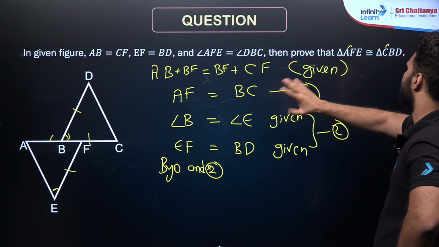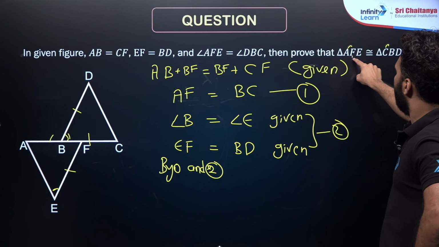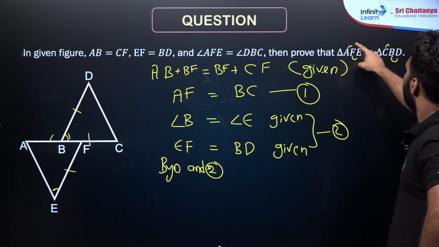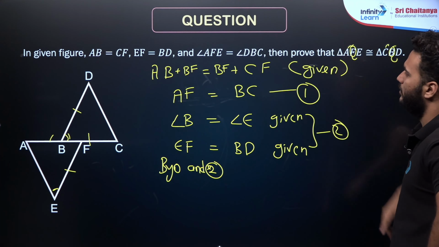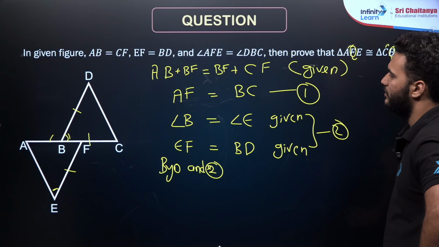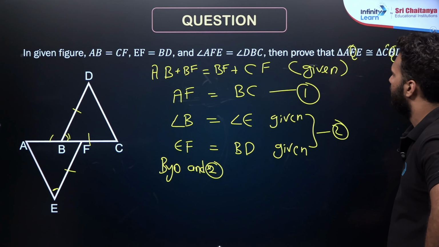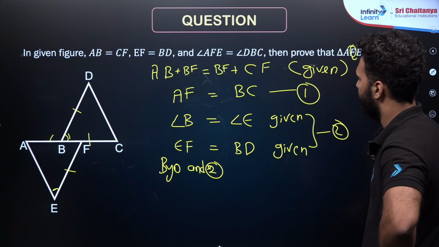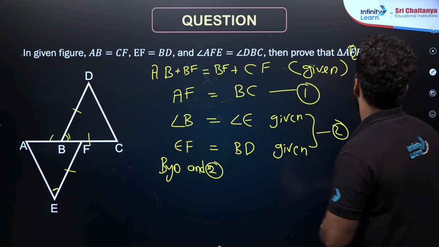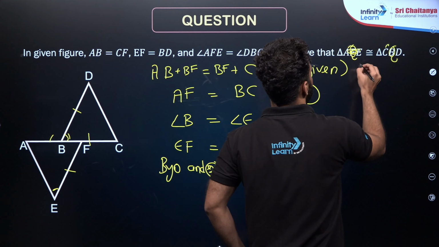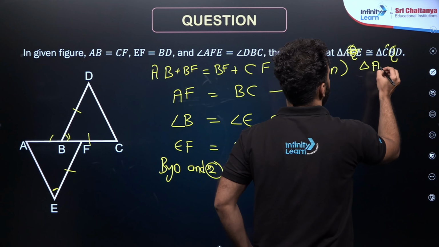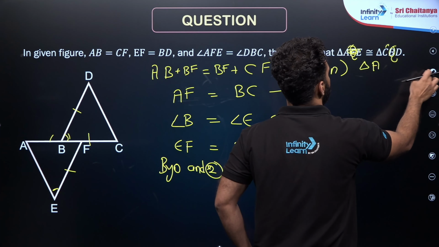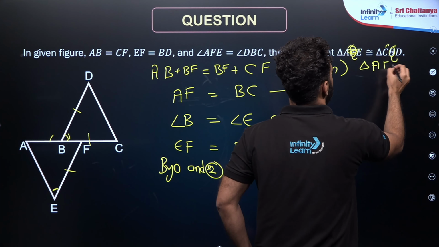AF is equal to BC, which is CB. Then FE is equal to BD, given. Then we have to prove angle F is equal to angle B. Actually, there is a problem. AF is right.